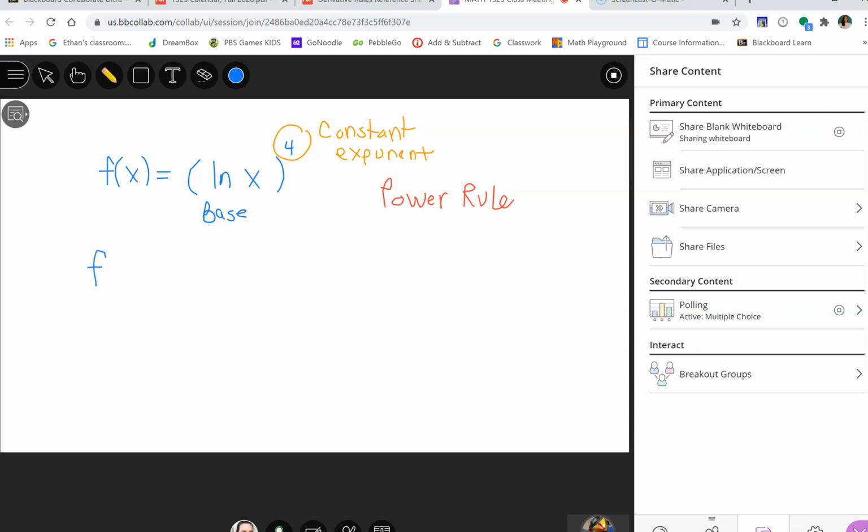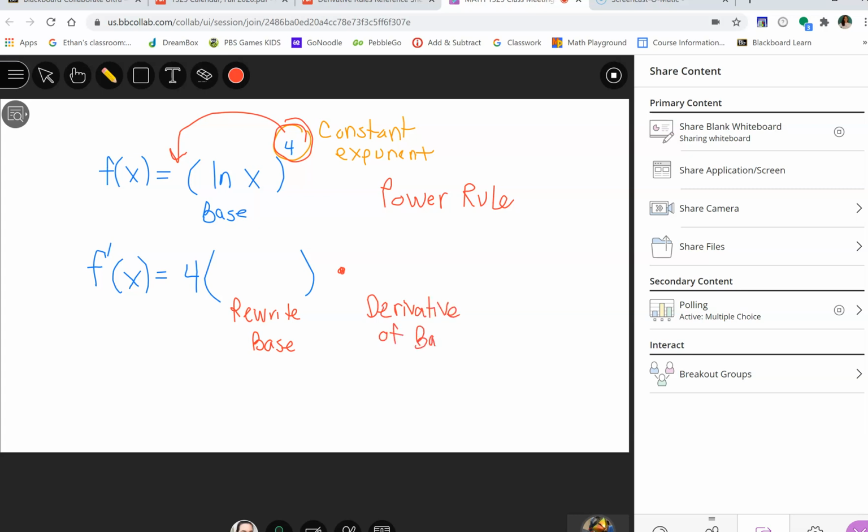So when I go to do this derivative, I'm doing the power rule. The power rule says you take the exponent and drop it down to the front. You rewrite your base no matter what it is. And then I need to tack on the derivative of the base.